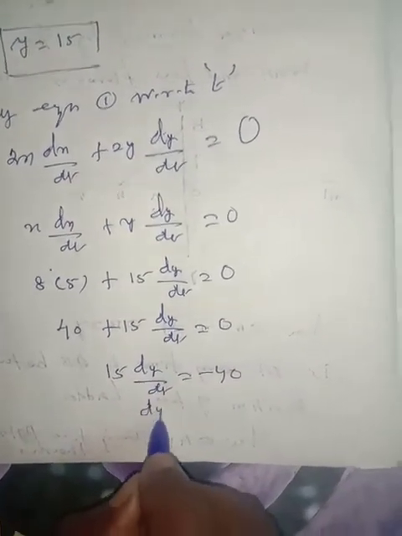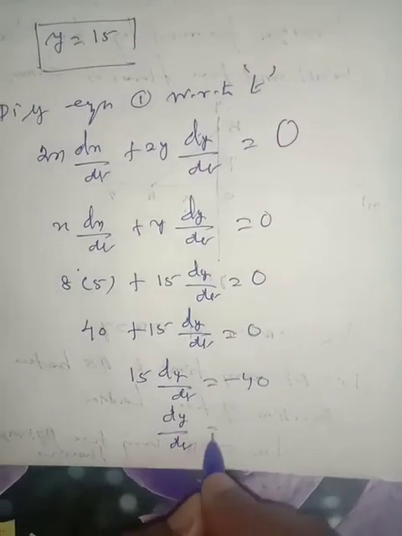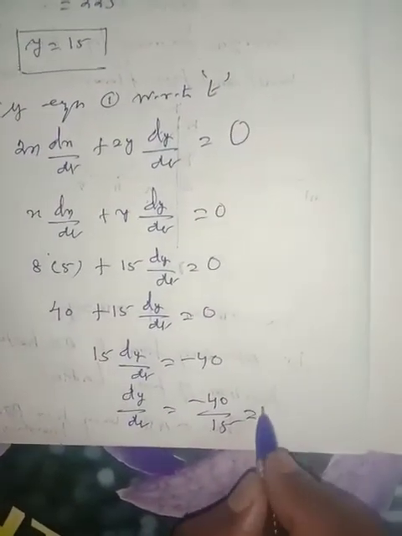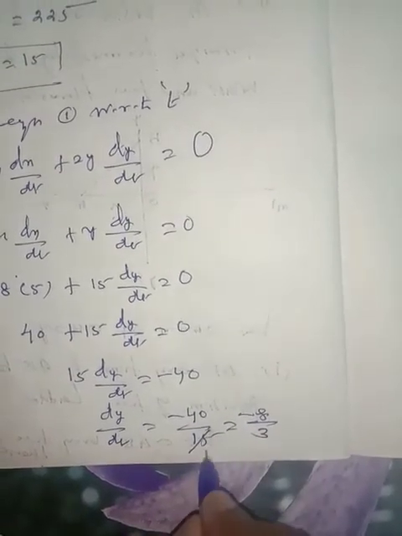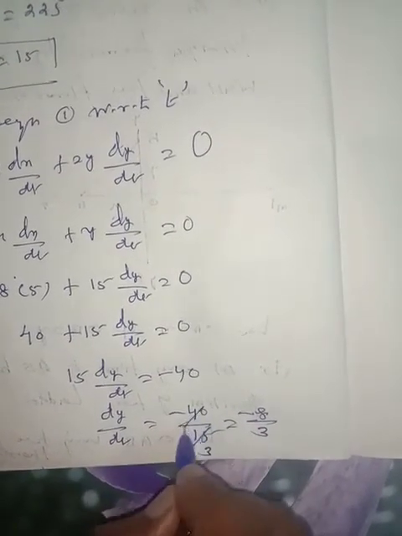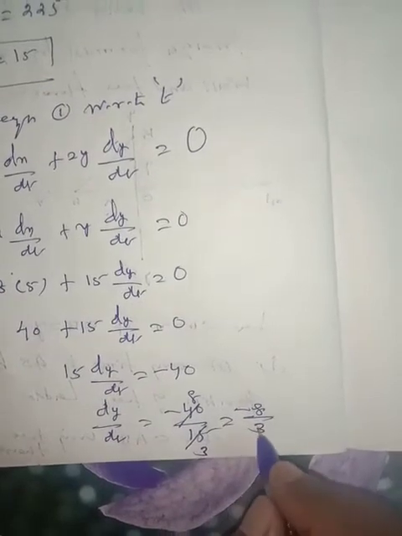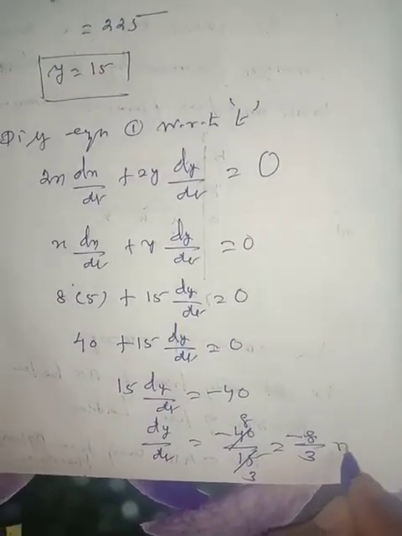Now dy by dt is equal to minus 40 divided by 15, which is equal to minus 8 by 3 meter per second.